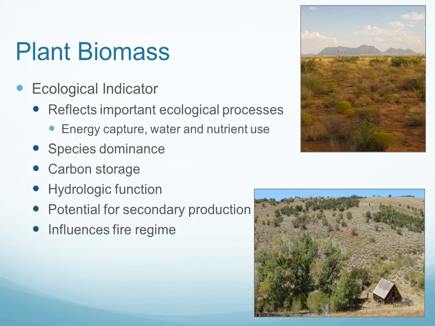Biomass also has an influence on fire regimes, both because of the amount of biomass on an area and how it is distributed, but also the kind of biomass. So fine fuels versus woody fuels; how the biomass is organized and spatially arranged can greatly influence fire regime.